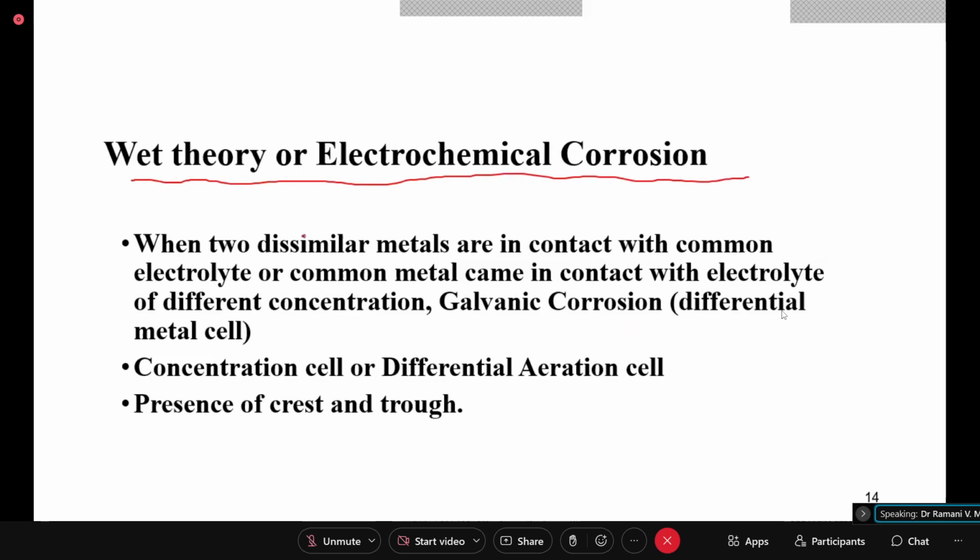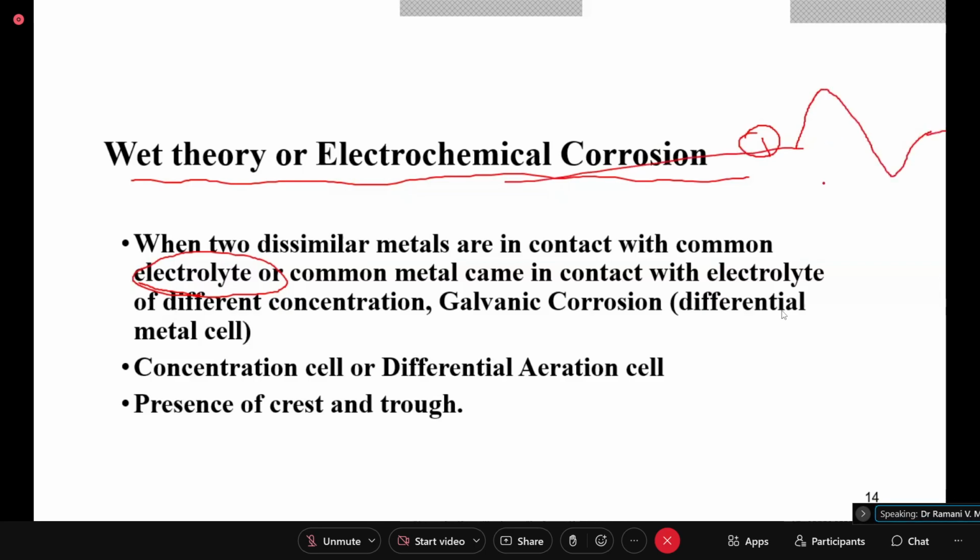The presence of an electrolyte is a must in the wet theory of corrosion, and it will take place due to the formation of three things. The first reason is uneven surface, that is, presence of crest and draft on the surface of the metal.